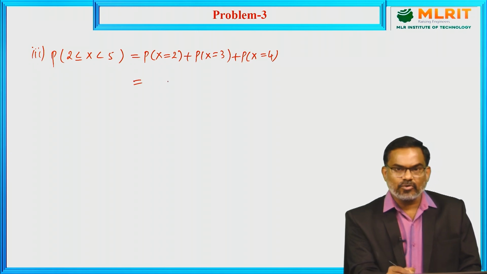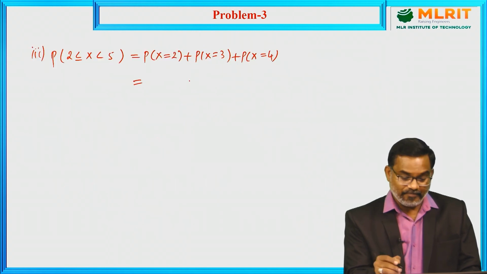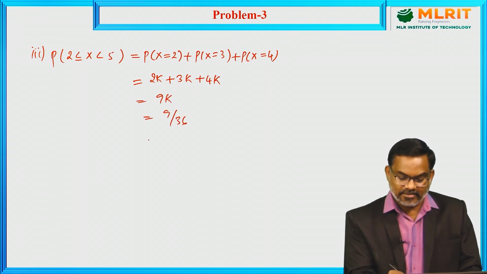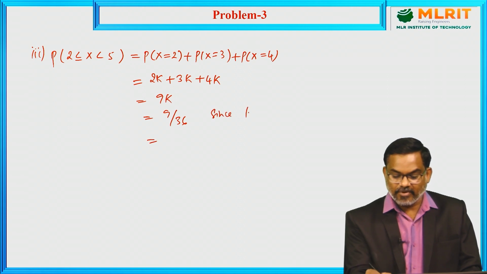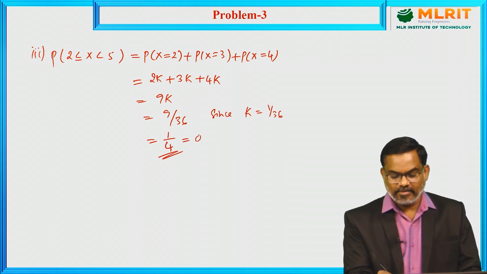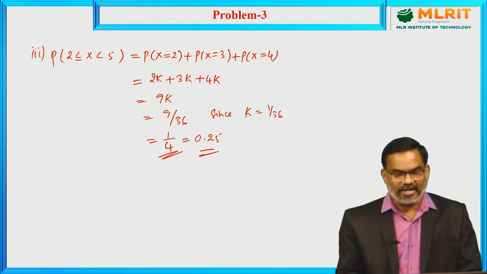Now, X equal to 2, 3 and 4 gives 2K, 3K and 4K. So, 2K plus 3K plus 4K, total 9K. So, 9 by 36, since K is 1 by 36. So, the answer is 1 by 4, 0.25.